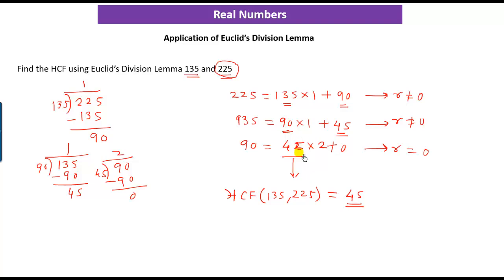Sorry, this should be 45 into 2 plus 0, and so the HCF is 45.